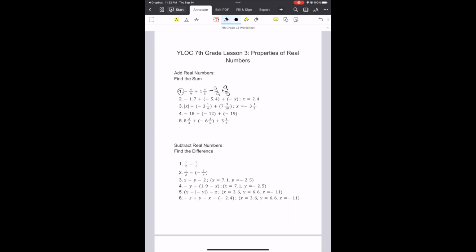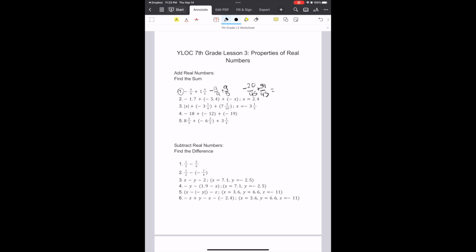So we can't just add these like this because they don't have the same base or the same denominator. So what is the closest factor, or the nearest multiple, that these two share? It's 45. So you want to multiply the negative 4/9 by 5 to get negative 20 over 45, plus 9/5 times 9, which is plus 81 over 45.